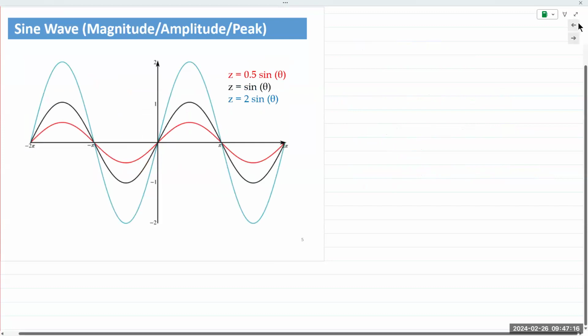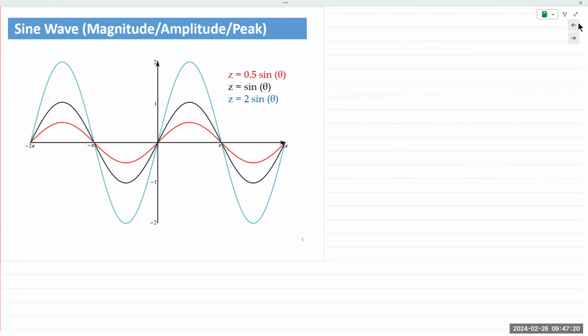So three quantities: we look at the amplitude or the magnitude, the frequency, and then the phase. Amplitude describes the value of the waveform on the y-axis. It tells you how tall or short the waveform is, measured from y equals 0.